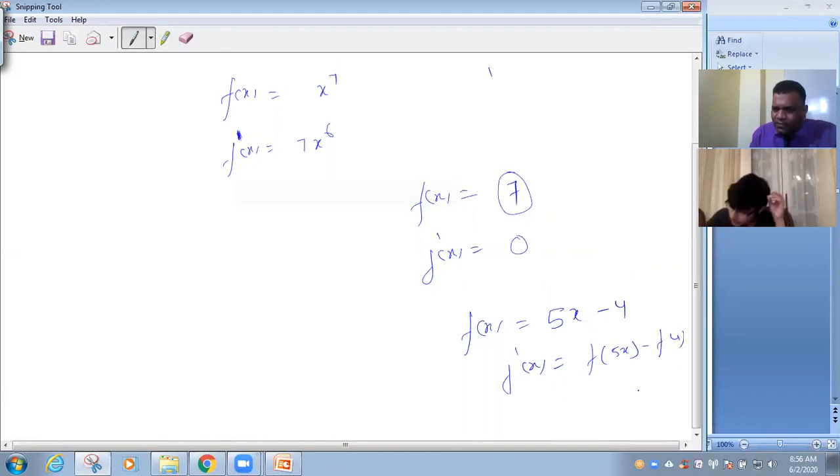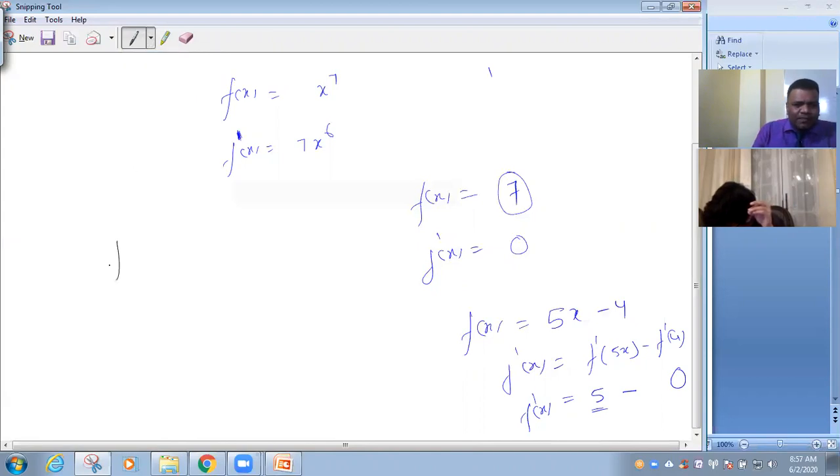The constant is going to be 0. And the derivative of 5x would be 5 times x to the 0 power, which means basically only 5, since x power 0 is 1.